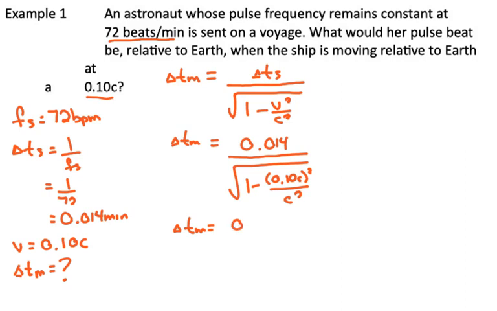Working this out, (0.10 c)² is 0.10 c times 0.10 c. So working that out, we would get 0.01 c² over c².